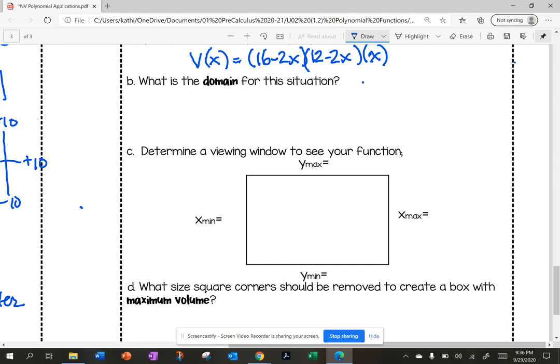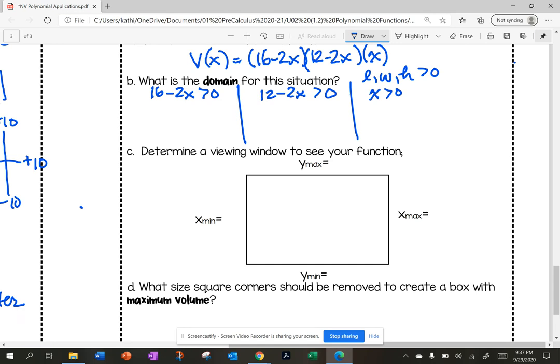But I do know that length, width, and height all need to be greater than 0 for a real world restriction. So my length, which is 16 minus 2x, has to be greater than 0. My width, which is 12 minus 2x, has to be greater than 0. And my height, which is x, has to be greater than 0.